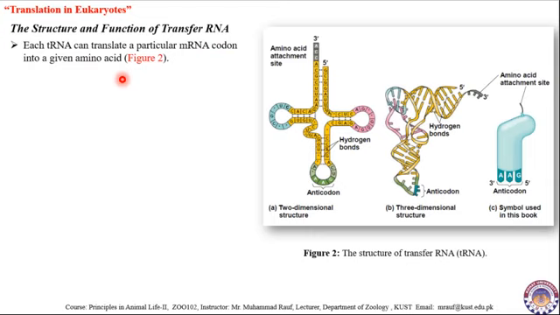Now, because there are a total of 20 amino acids, researchers are of the opinion that there are 61 amino acid encoding codons, so there are 61 transfer RNAs.